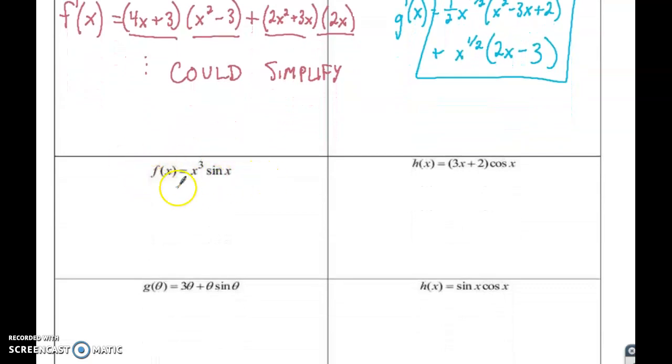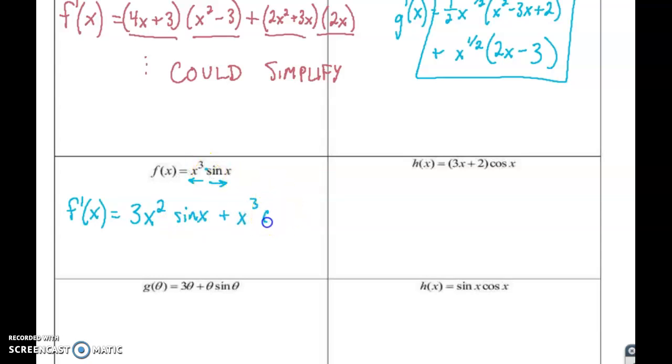As we look at the next problem, this is definitely a product rule. Here's your product. You have a function to the left, a function to the right. That's what I mean by that. So the derivative, I'm not going to write the lines now because I want you to get in the habit of really understanding. It's a derivative of x cubed, leave sine of x alone, plus leave x cubed alone.